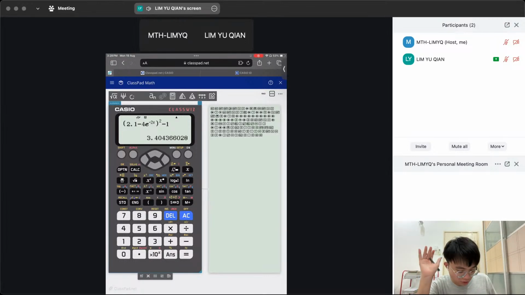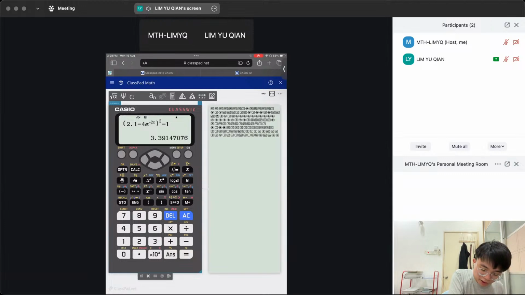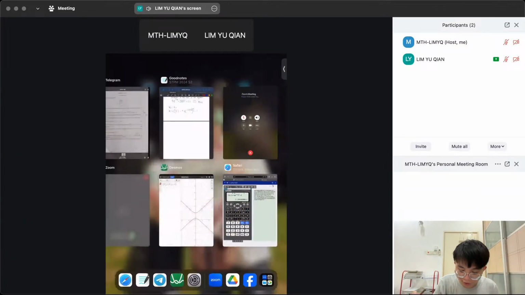Okay, next, calculate answer: 3.39147. Calculate: 3.39099, until you see that they give the same value. I think here should be okay already. Don't even need this, because correct to 3 dp only, so I think the second and the third should be okay already. So let's make our conclusion here.